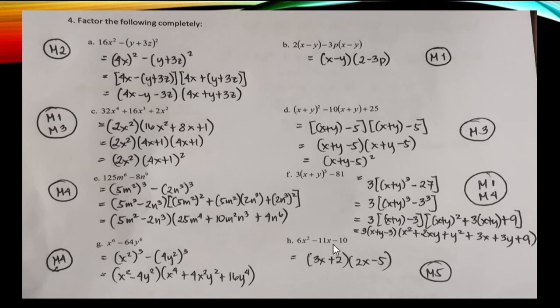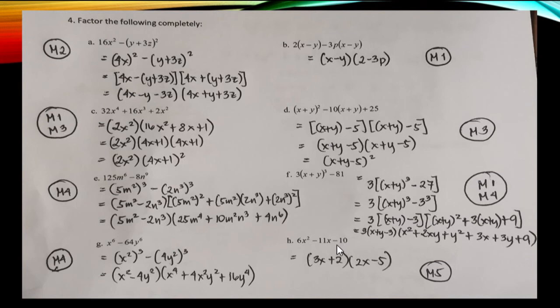This is case 5, method 5: the quadratic trinomials which are not perfect squares. So, this is a quadratic trinomial. We can factor this out by trial and error or by looking at the trinomial. Since 6x squared can be 3x times 2x, and the third term is negative 10, it can be 5 times 2.